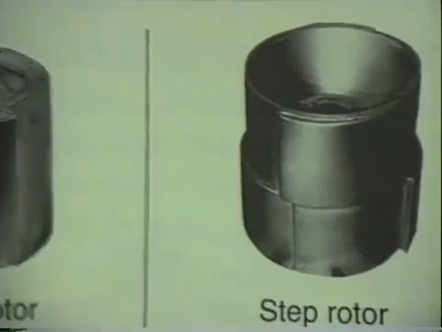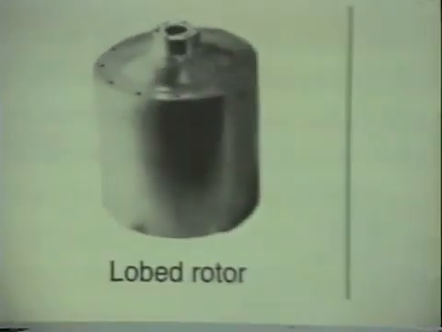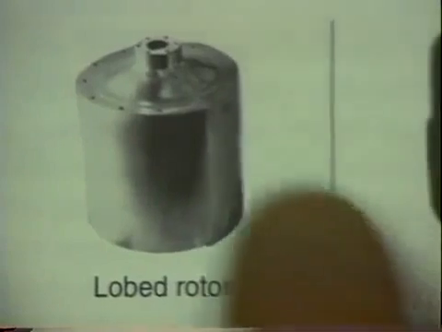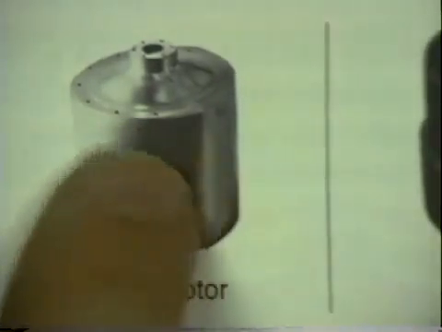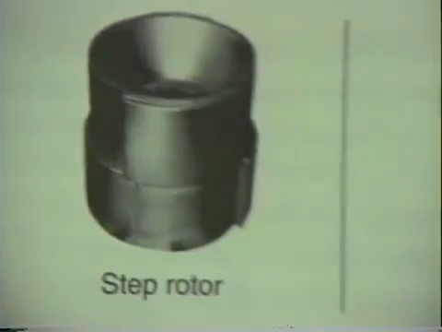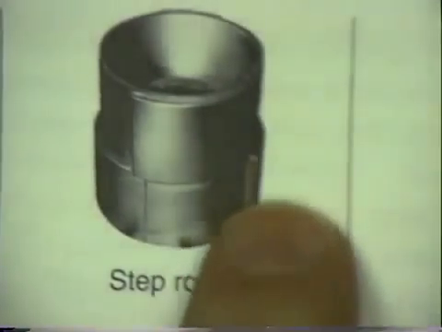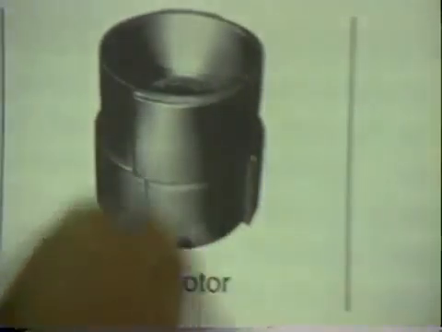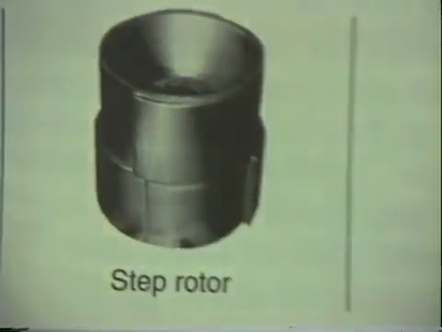Okay. This is a lobed rotor where you can see that there's like an extension that's sticking out, and then it goes back in. This is a step rotor, and this is kind of hard to see, but there's little steps here, and actually we're showing a series of steps on the top and a series of steps on the bottom.